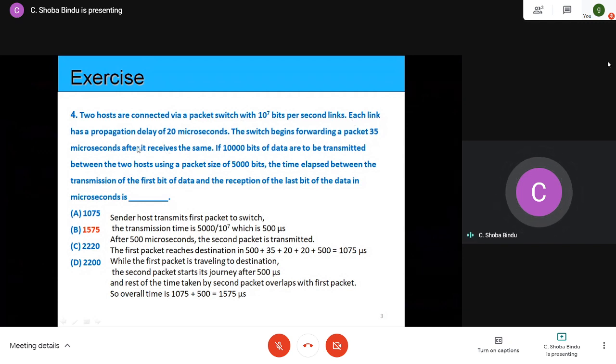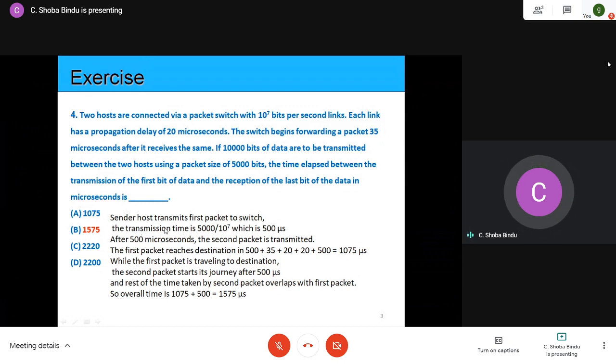Each link has a propagation delay of 20 microseconds. The switch begins forwarding a packet 35 microseconds after it receives the same. If 10,000 bits of data are to be transmitted between the two hosts using a packet size of 5,000 bits, the time elapsed between the transmission of the first bit of data and the reception of the last bit of the data in microseconds is. This is what is asked.